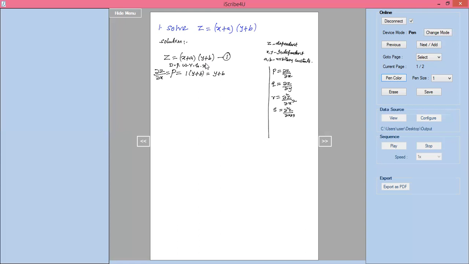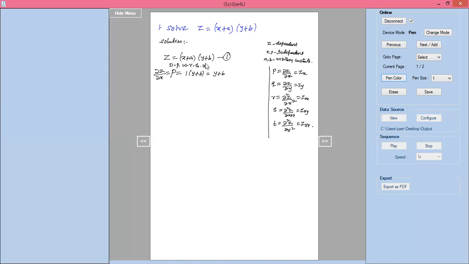And t is dou square z by dou y square. I will also write these as z suffix x, z suffix y, z double x, z x y, and z double y. So p is z x, q is z y, r is z double x, s is z x y, and t is z double y.